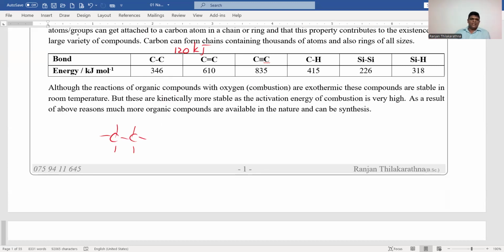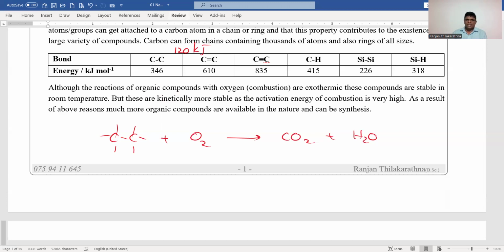But still, if you combine these organic compounds with oxygen, it gives a huge amount of heat, turning into CO2 and water. If it liberates a huge amount of heat, it must contain that heat. If it doesn't have heat involved, then it cannot release it during the reaction.